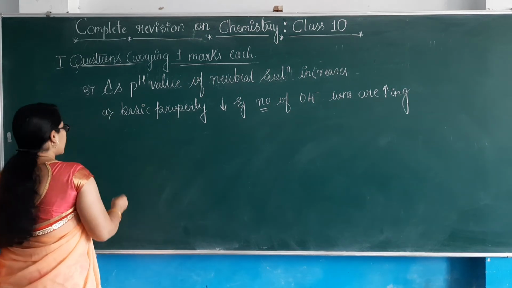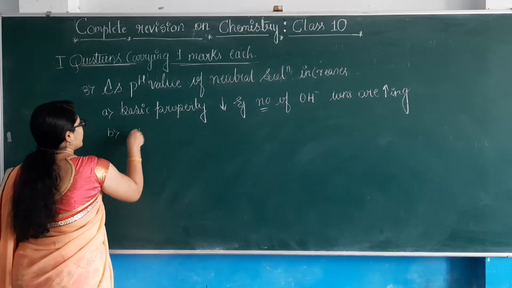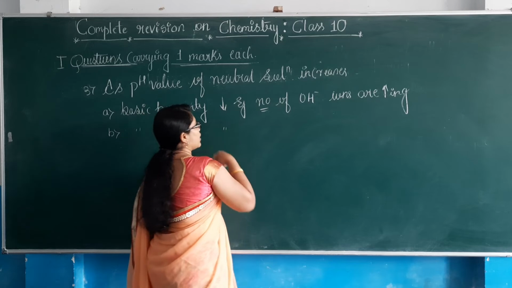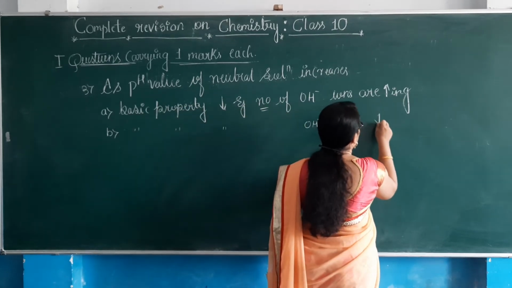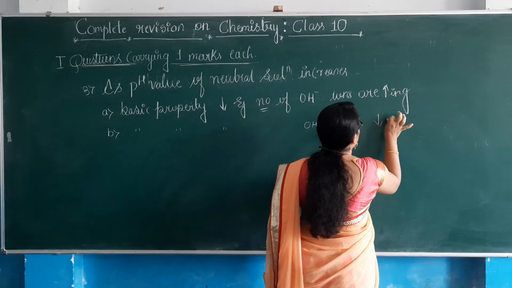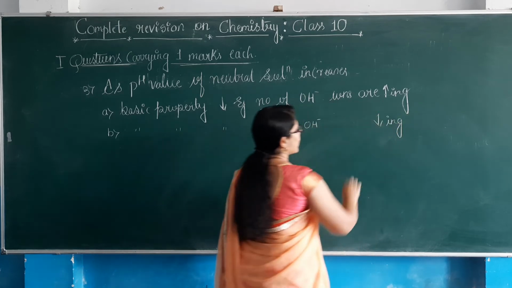Fine. So the second one we have here: basic property decreasing, number of OH minus ions also decreasing. Second option.